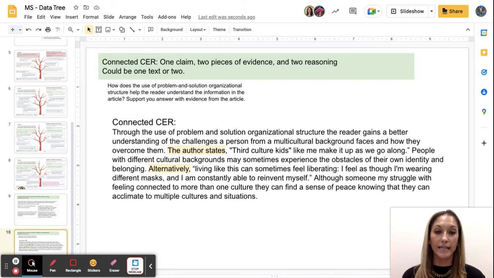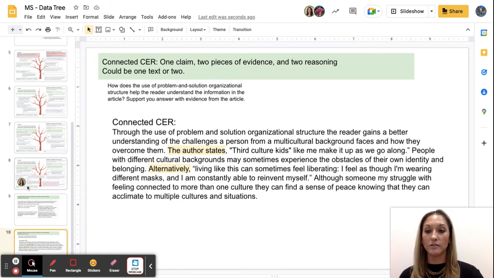Alternatively, living like this can sometimes feel liberating. "I feel as though I'm wearing different masks and I'm constantly able to reinvent myself." Although someone may struggle with feeling connected to more than one culture, they can find a sense of peace knowing that they can acclimate to multiple cultures and situations.